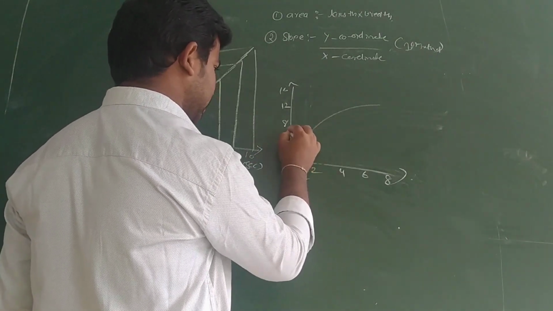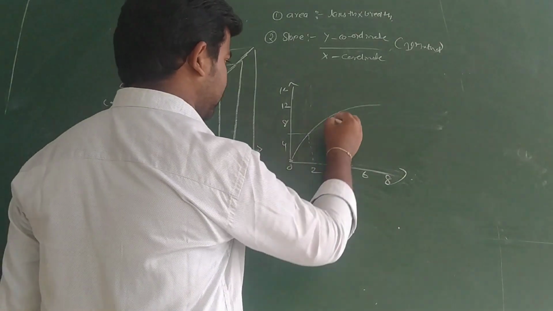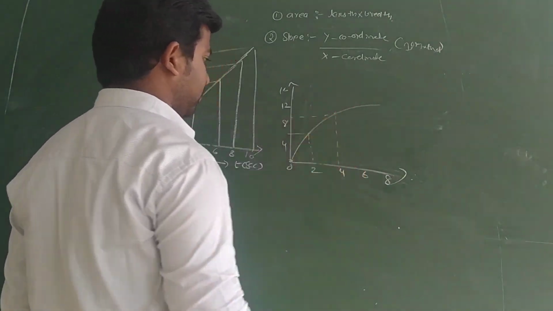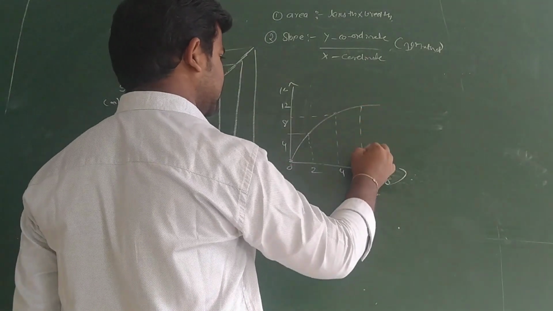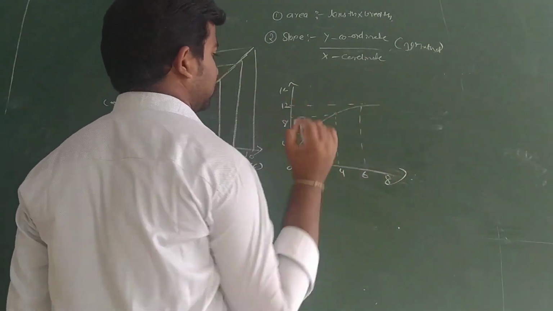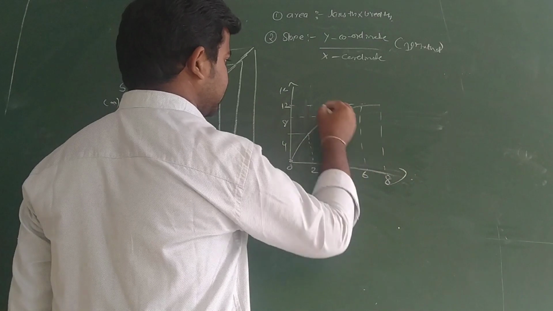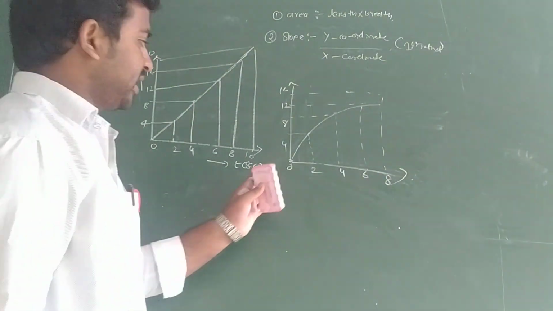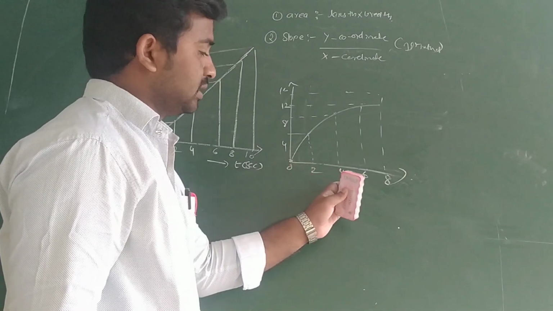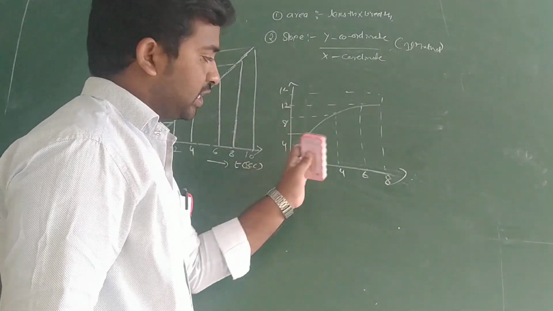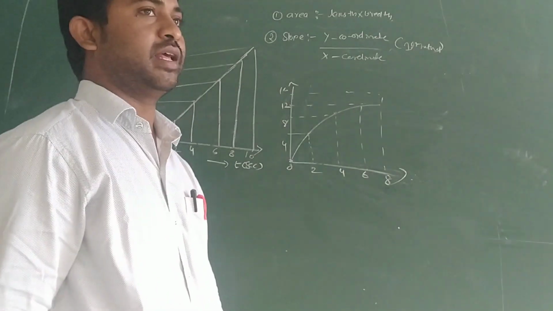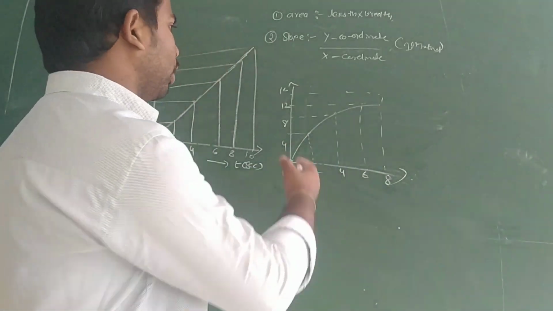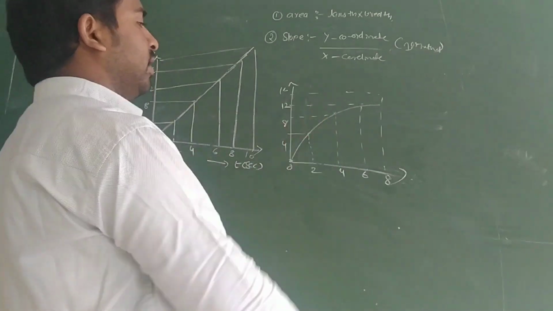For 2 it is some value, for 4 it is some other value, for 6 another value, for 8 another. So here there is no regularity. If an object covers equal intervals of time with unequal displacement, or an object covers unequal displacement in equal intervals of time, then we can say that it is a non-uniform motion or non-uniform velocity.